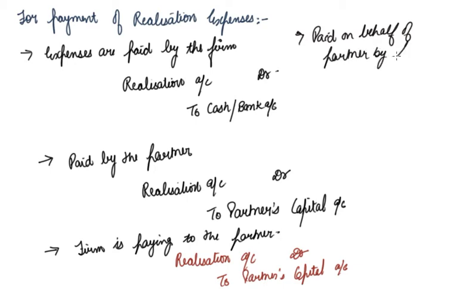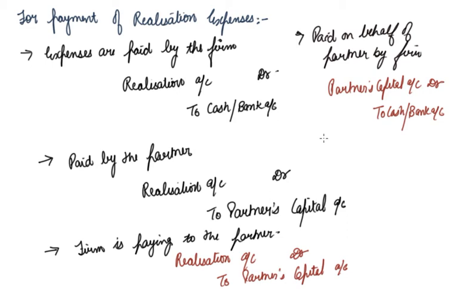Now the partner has to pay these realization expenses, but the firm is paying on his behalf. In that case, partner's capital account will be debited to cash or bank account. So this entry will be passed in the partner's capital account.